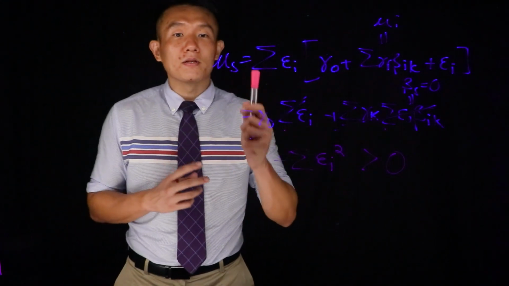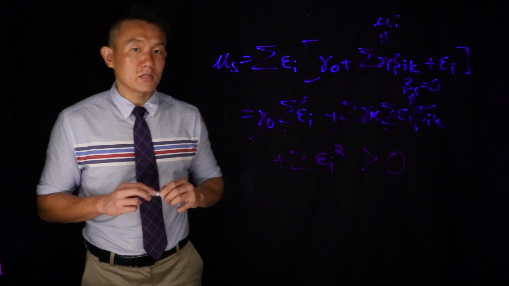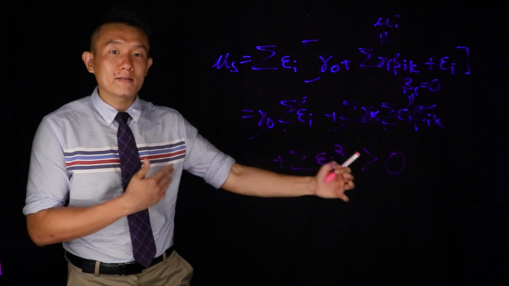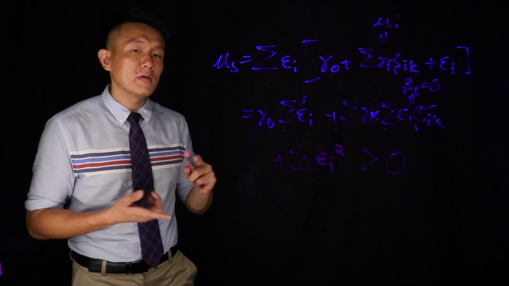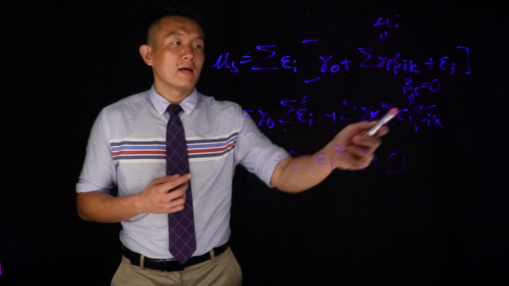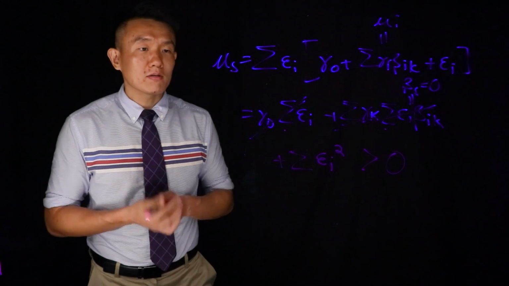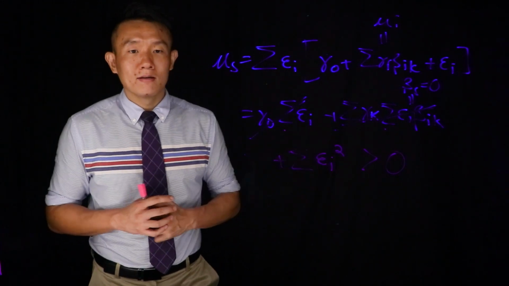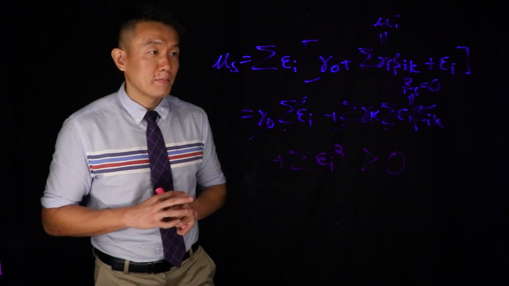That means this arbitrage portfolio, which, like we just said, has weights that sum up to 0, so it requires no initial investment, is not exposed to any of the risk factors, and yet it guarantees a positive return.